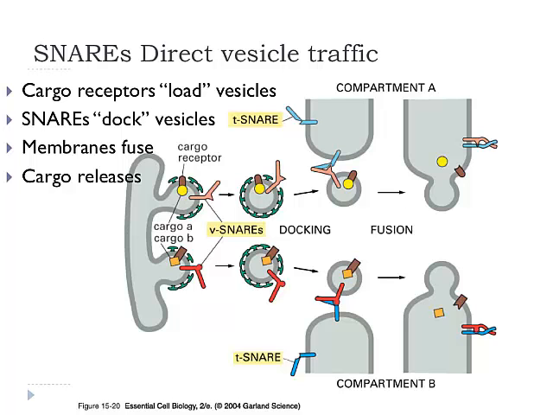And once it makes a specific interaction, so here's a different kind of V-snare represented by this kind of pink-colored with the pointy part of the shape, a different shape protein that interacts specifically with a different T-snare on a different compartment.